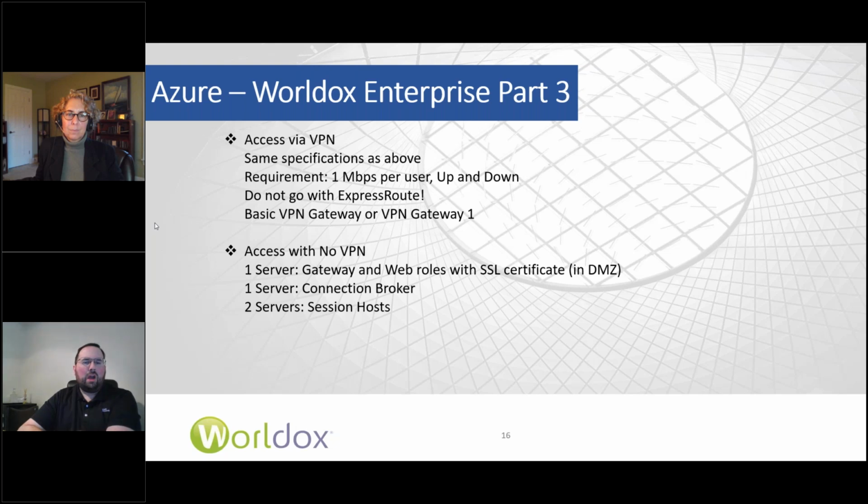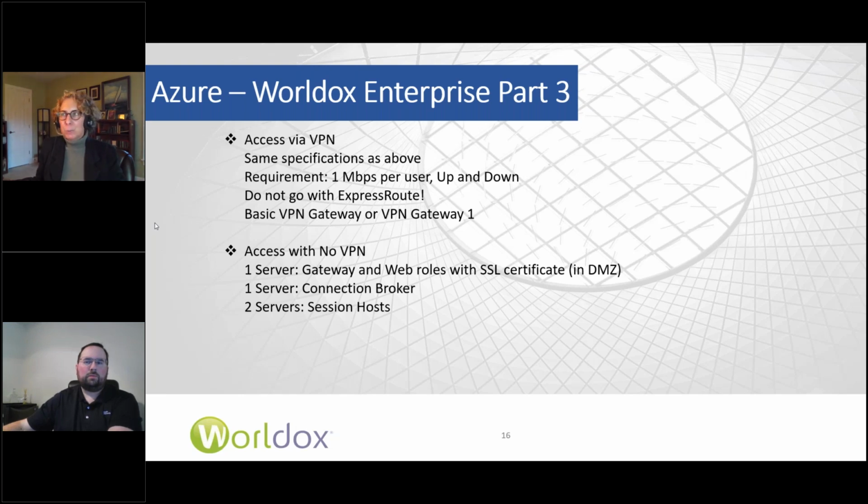But for right now, we can skip ExpressRoute, look at the VPN gateways to join your tenant infrastructure resources with your on-premises infrastructure resources, and that's how you connect them up with a VPN. Now, the scenario that I'm talking about here is just Worldox Enterprise.